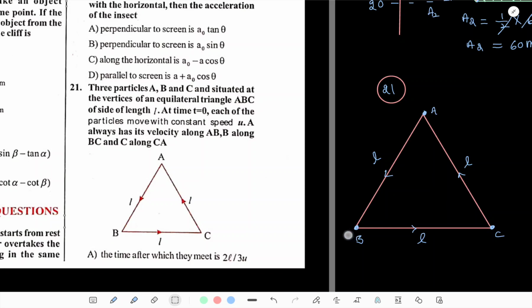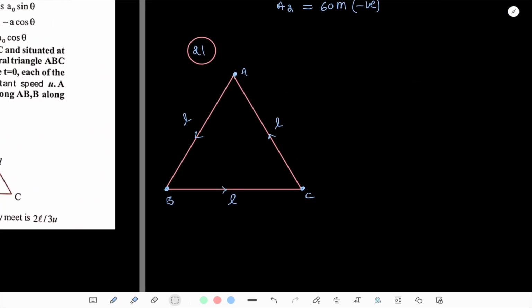Right? So this was the diagram, and there are particles A, B and C, and each one is moving with velocity u. So A has a velocity u, B also has velocity u, C also has velocity u.